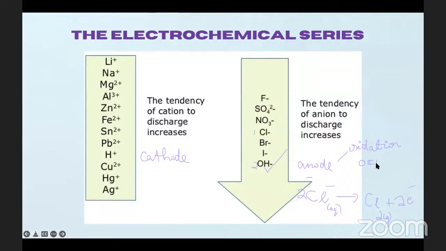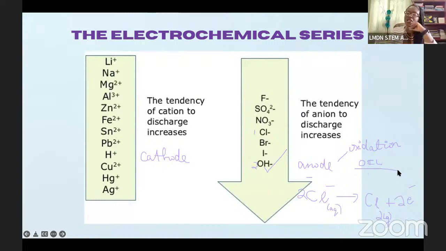So you're saying oxidation takes place at the anode, and oxidation is the loss of electrons, so that's OIL, right? Over here, we have our chloride ion, and it's an anion. The reason why it became negatively charged is because it had gained electrons. So the balance between the electrons and the protons was off, and you had more electrons than protons, and that's why you end up with a net negative charge.